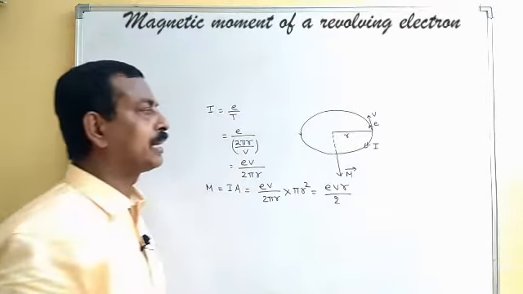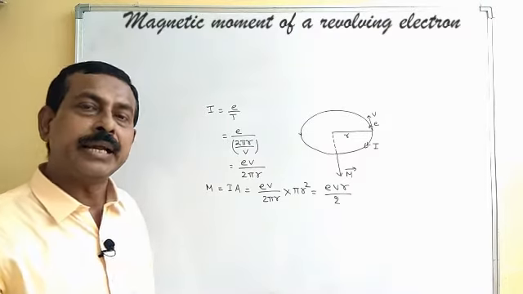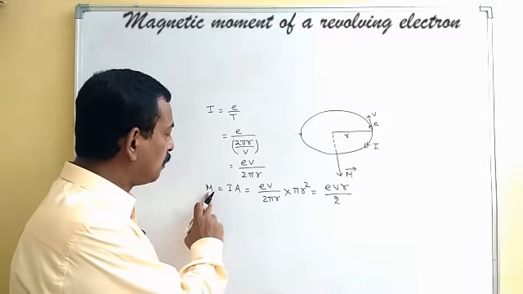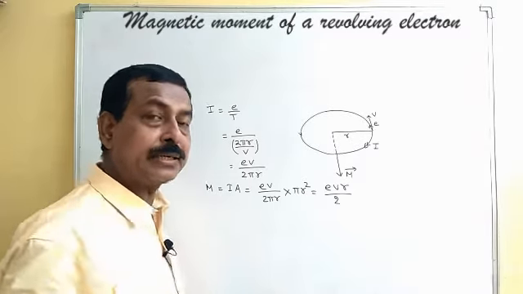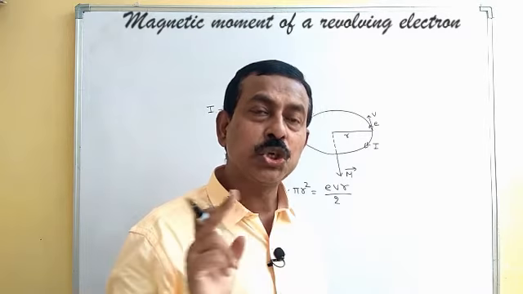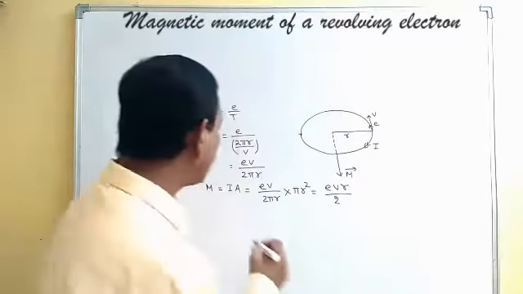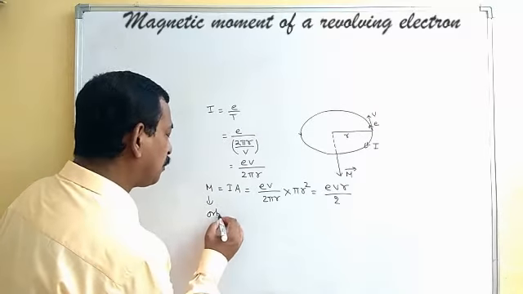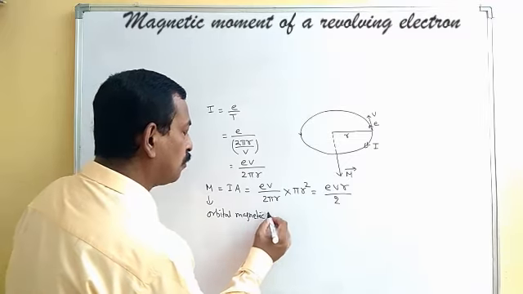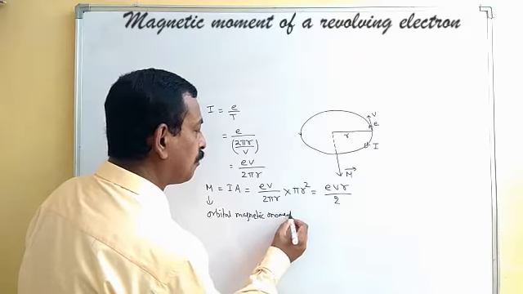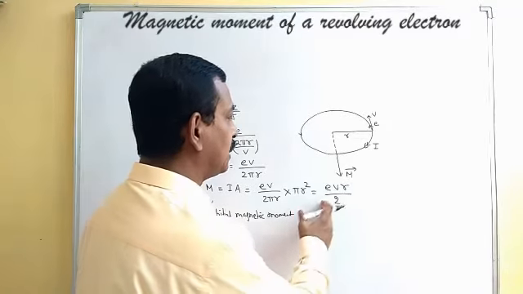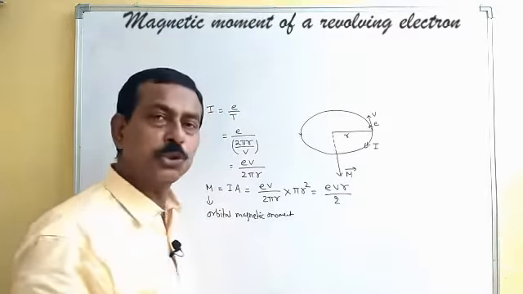So this will give the direction of the magnetic dipole moment associated with the revolving electron. And this magnetic moment, as it is associated with the orbital motion of the electron, we call this the orbital magnetic moment. So this is the orbital magnetic moment of the electron, and that is given as e v r by 2.